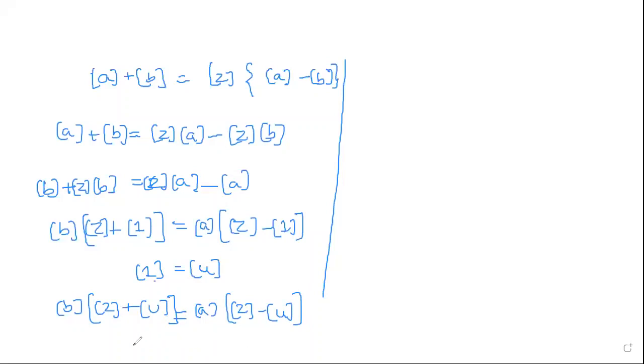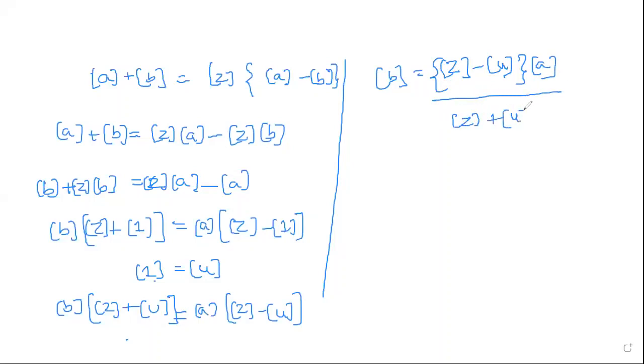Now from here, write for B. The equation for matrix B will be matrix Z minus matrix U into matrix A divided by matrix Z plus matrix U. Or if I bring the denominator to the numerator, you can also write this equation as matrix Z minus matrix U into matrix A, again matrix Z plus matrix U to the power inverse, since I'm bringing the denominator to the numerator.